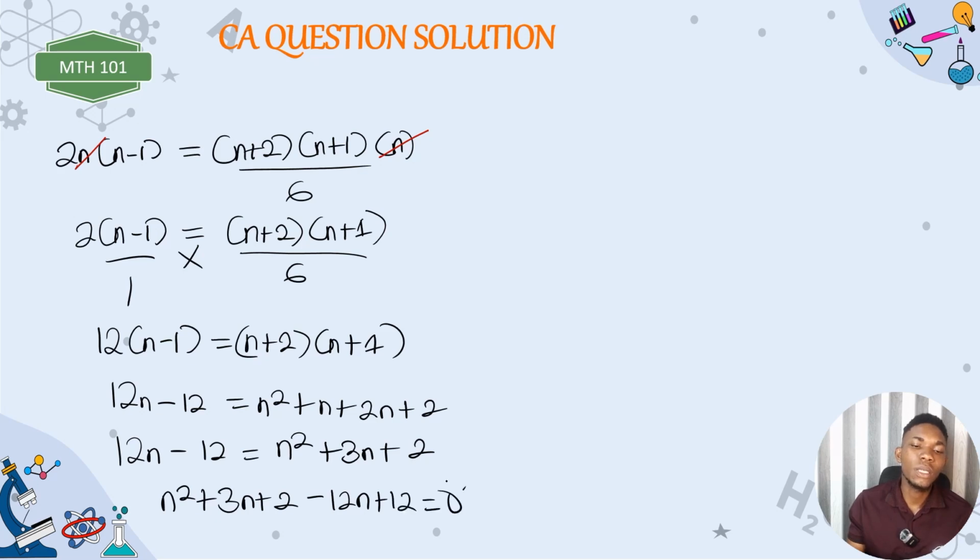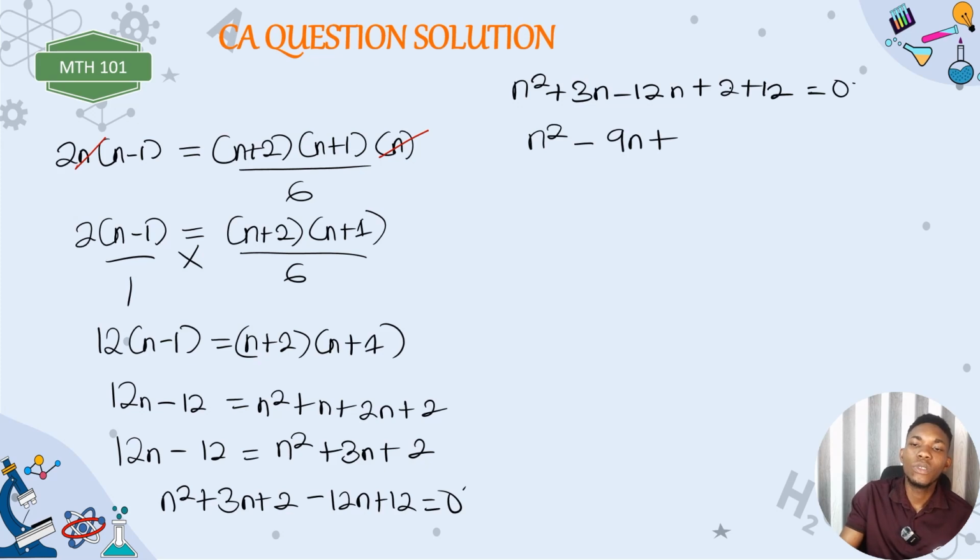Everything should be equal to 0. Now you can rearrange: n squared plus 3n minus 12n plus 2 plus 12 is equal to 0, which gives n squared minus 9n plus 14 is equal to 0.